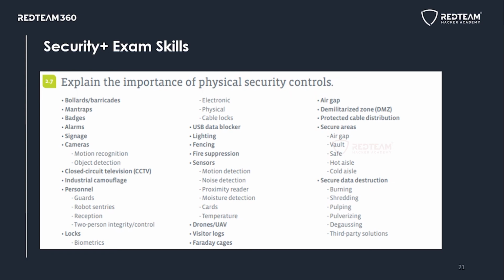There are so many things. These are all physical security aspects. In this section, we will discuss what the physical security controls are, how they are related to cybersecurity, and what their relevance is in the cybersecurity environment. We will discuss them one by one.